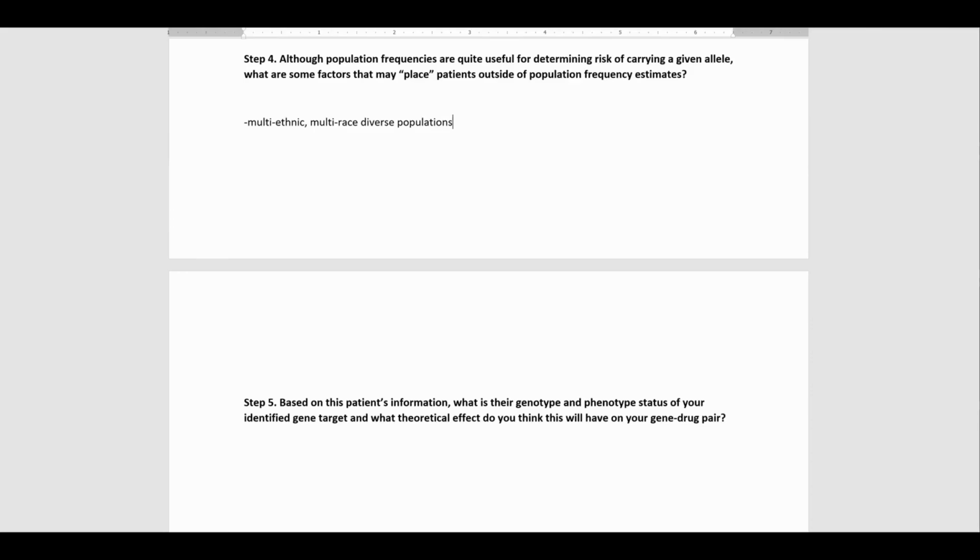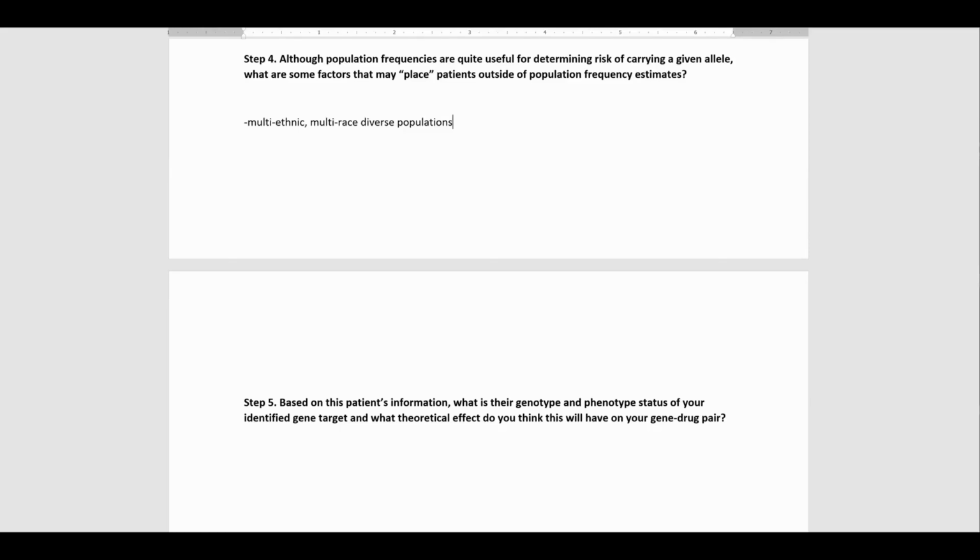So this is one of the main things that'll place patients outside of those quote-unquote population frequencies that we see in those tables. Another thing that could place patients outside of the population frequencies might be age. It might be disease states.